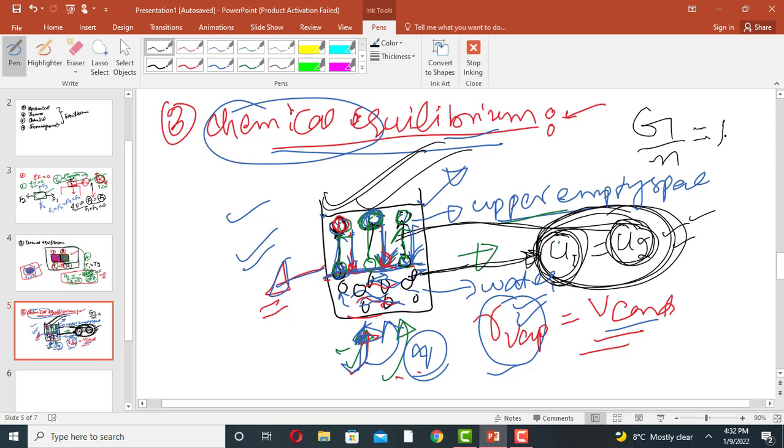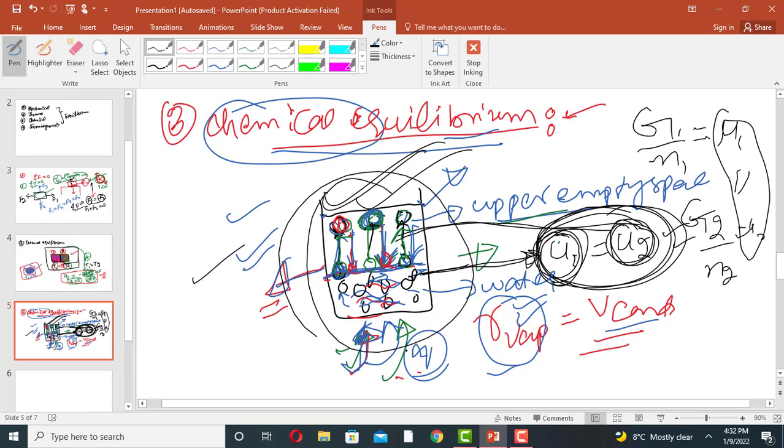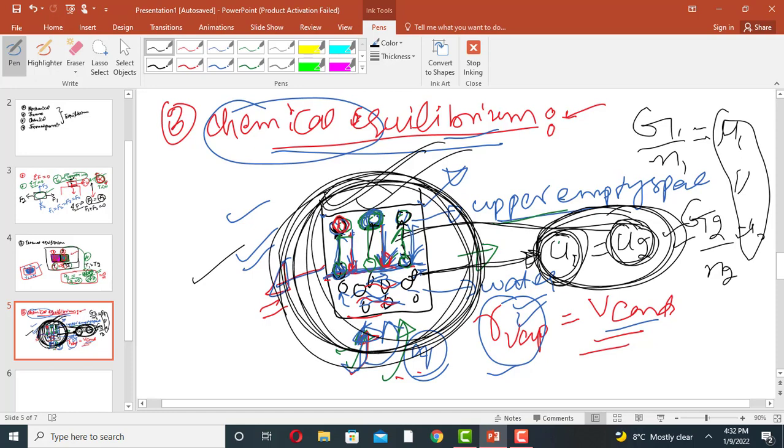So the Gibbs free energy for phase 1 will be μ1, and for phase 2, suppose it is μ2. At equilibrium, these two will be equal. Then we will say that this system is in chemical or dynamic equilibrium. For dynamic equilibrium, you can see the video in the description.